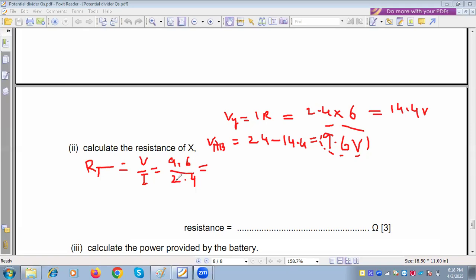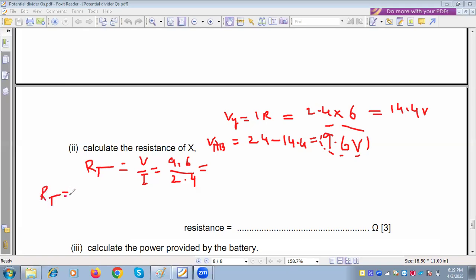Anyhow, we can have the other way also. We can get the resistance of the parallel combination by applying the formula of total voltage over total current, but that will need one more step. So I am going to take you to the easy step.